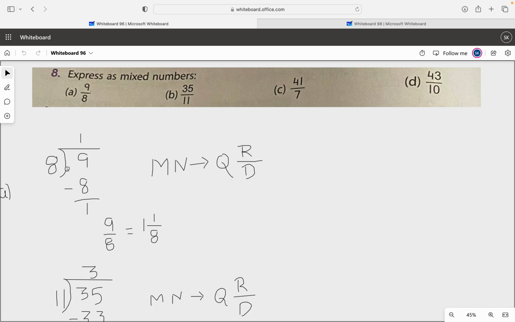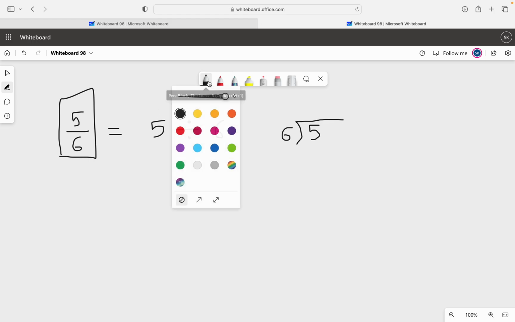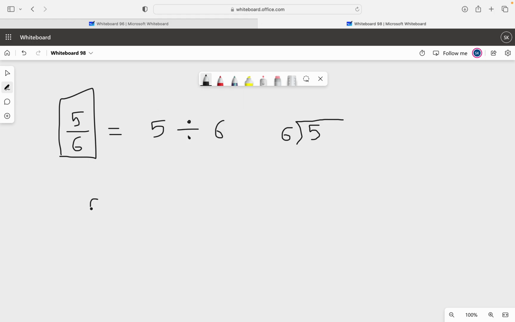Now what you need to do is 9 by 8. Yeah, let's see here. 9 by 8. What we need to do, the first step is you need to take this 8 and divide 9 by that. Okay, 8 times 1 is 8, remainder is 1.